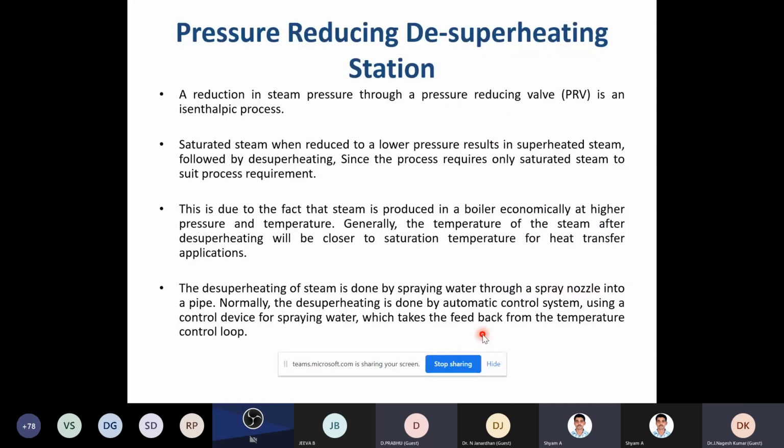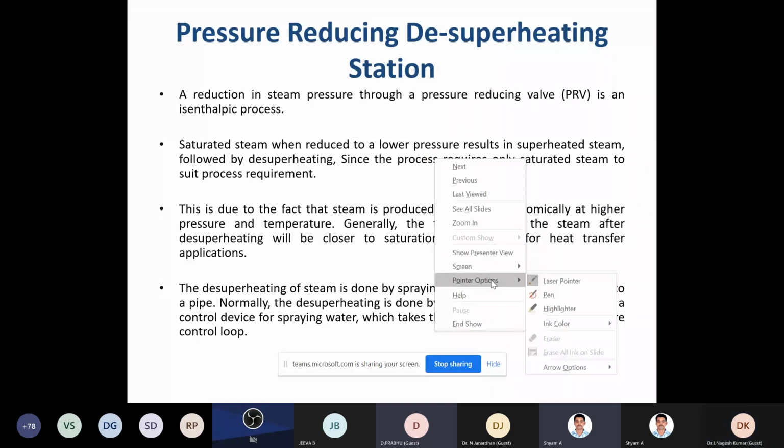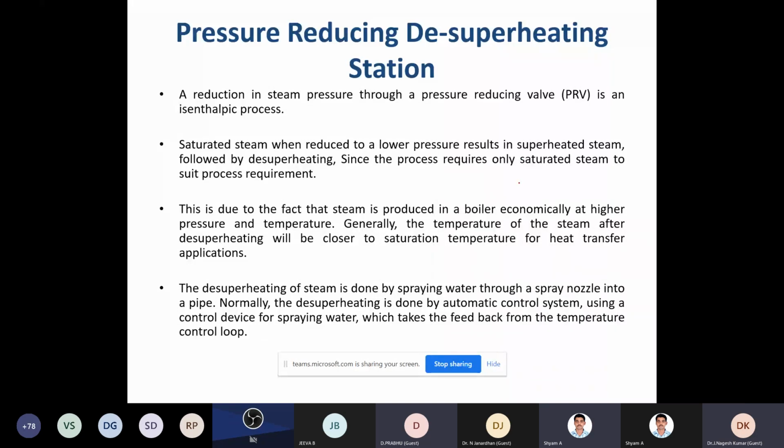Now, in some cases, there's a boiler, and let's say the boiler generates steam at 20 bar. One particular process requires 17 bar.